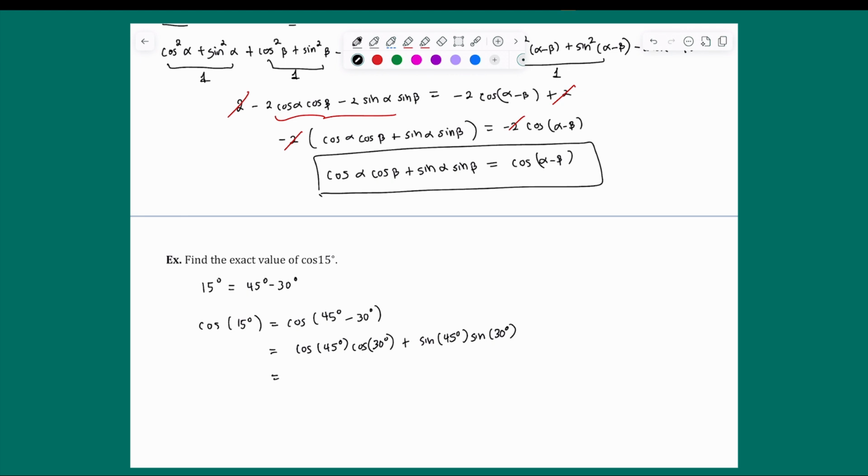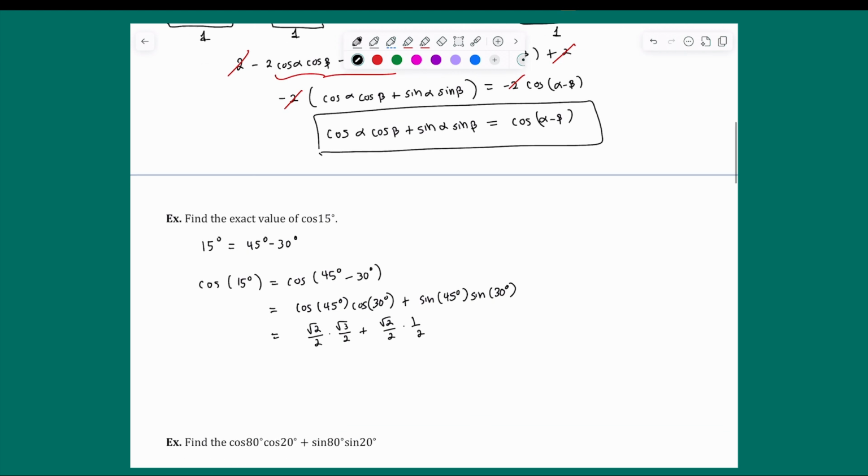Cosine of 45 degrees is root 2 over 2 times cosine of 30 degrees, which would be root 3 over 2, plus sine of 45, which is root 2 over 2. Sine of 30 degrees is 1/2.